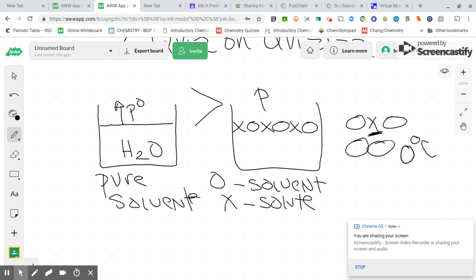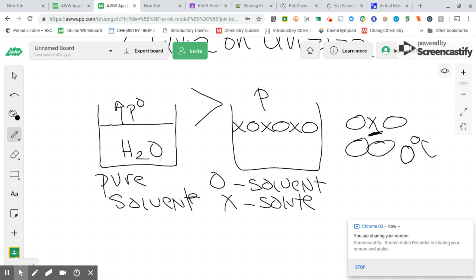So the change in temperature, the drop, will be equal to i, which represents the number of particles that you have in the solution, times a constant for water or for any solvent, times the molality. Correct.